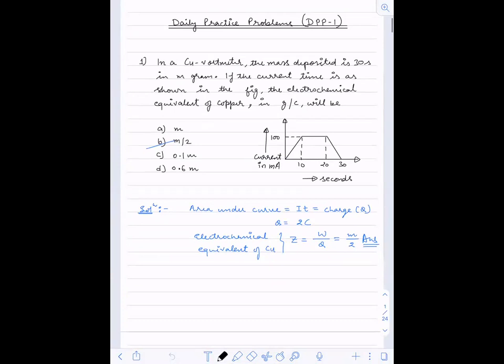Electric current is the NEET portion this week. Tomorrow I'll try to give you the remaining two solutions also, since I had given a total of 3. And tomorrow you'll probably get one more DPP on electric current only. So the solutions for the remaining 2 and one more DPP you'll get tomorrow.